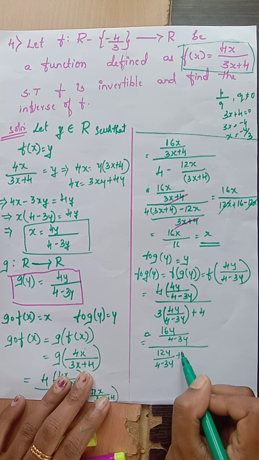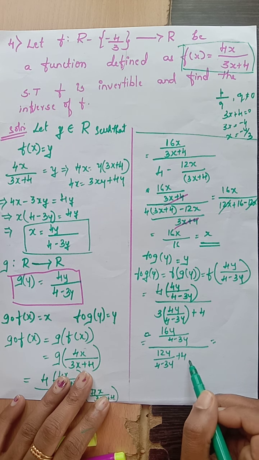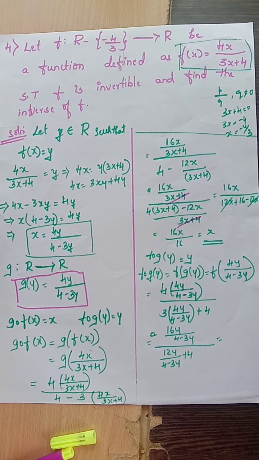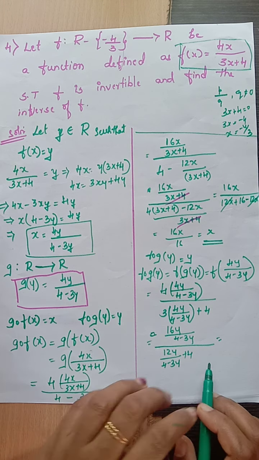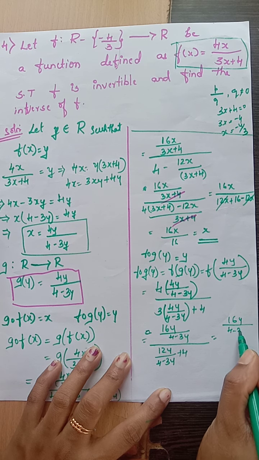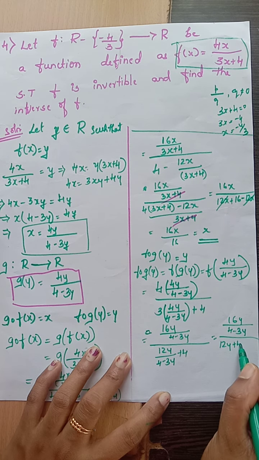So again, as I told you earlier, in order to cancel it should be a common denominator. So what can I do? I can multiply by 4 minus 3y over here so that it will be a common denominator. 16y by 4 minus 3y, whole divided by 12y plus 4 into 4 minus 3y, divided by 4 minus 3y.